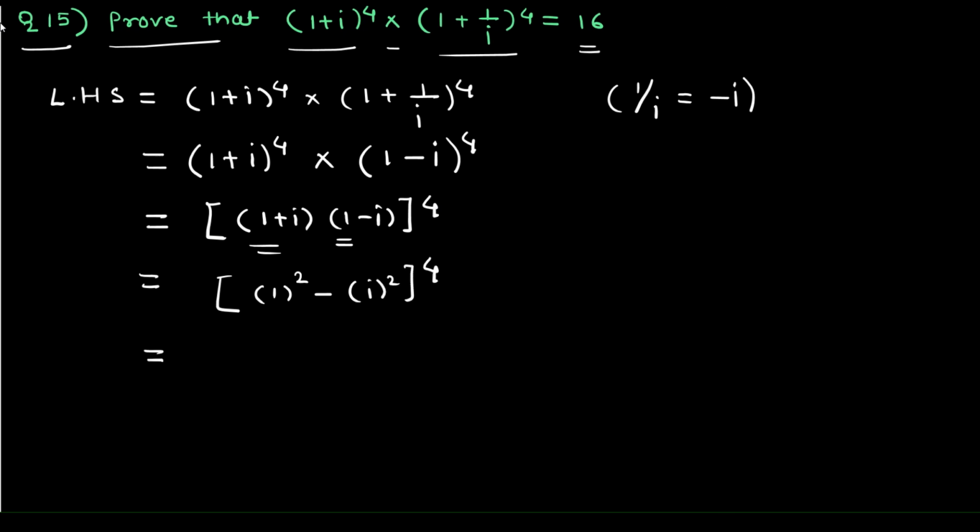So we get 1 squared minus i squared as minus 1, and minus minus is plus, so 1 plus 1, again to the power 4. So it will be equal to 2 to the power 4, that means it is equal to 16, and it is equal to the RHS. So in this way we have to simplify the given term.